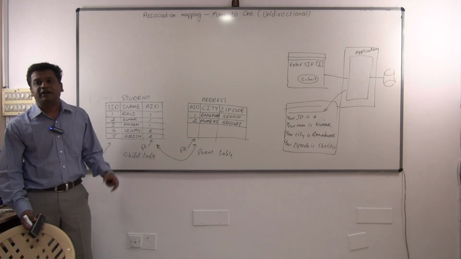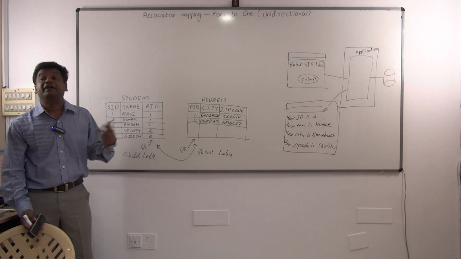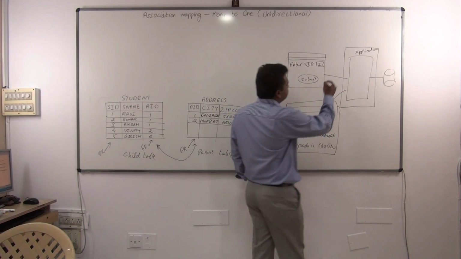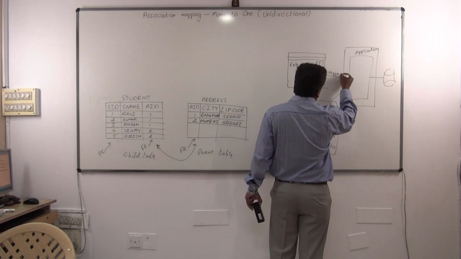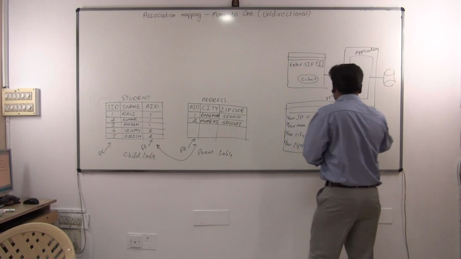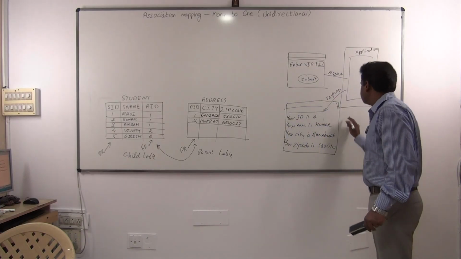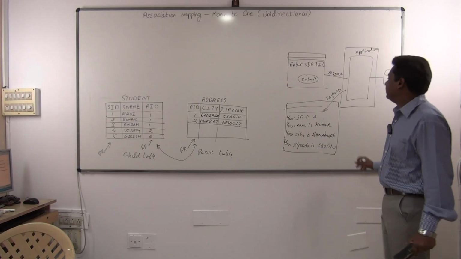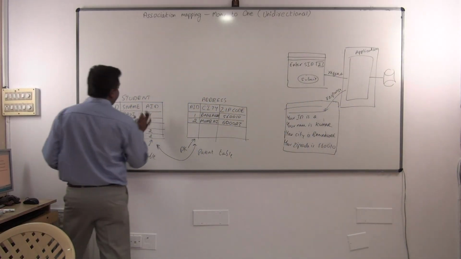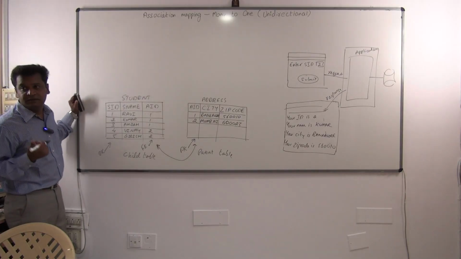So let's now start understanding how you design your entity. Clear? So the entity, this is the request and this will be the response. Done? So let's see how you design your entities now. For every table you will have one entity.